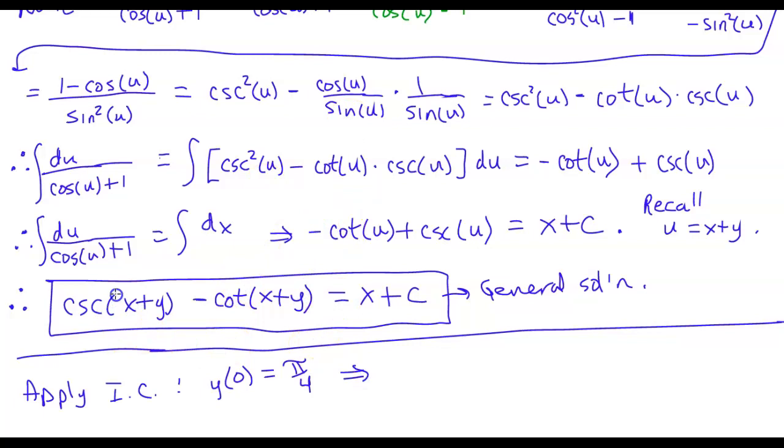And so here we have cosecant of 0 plus pi over 4, which is just pi over 4 here, minus cotangent of 0 plus pi over 4. And this would equal x, which is 0, plus c, which would just be c.